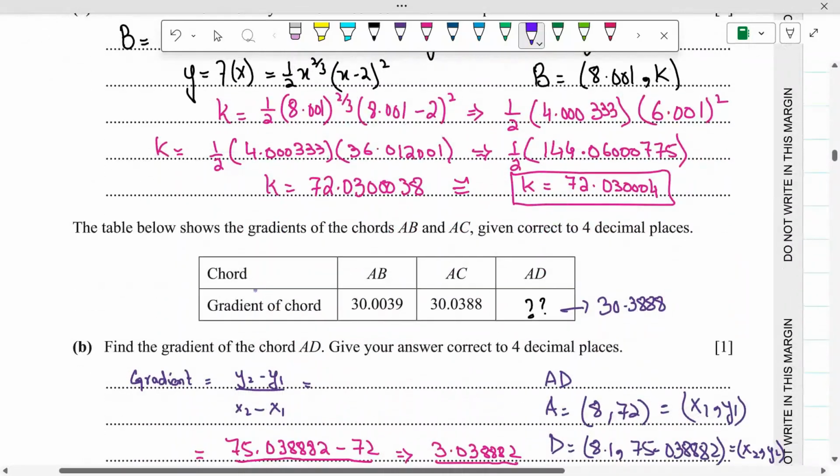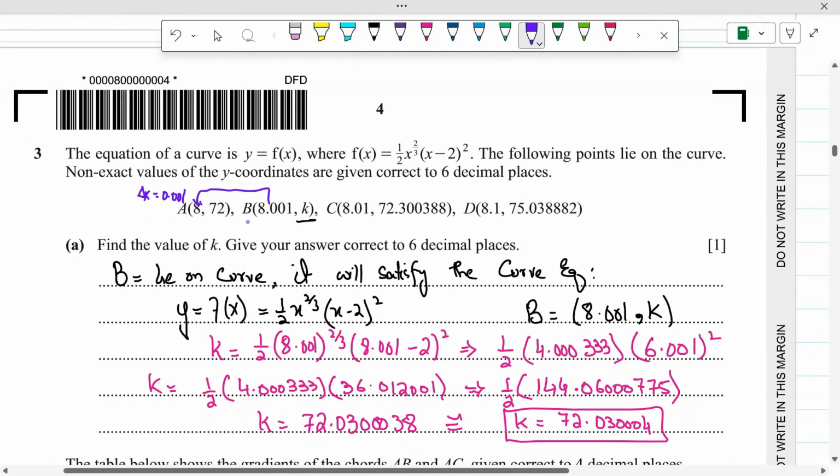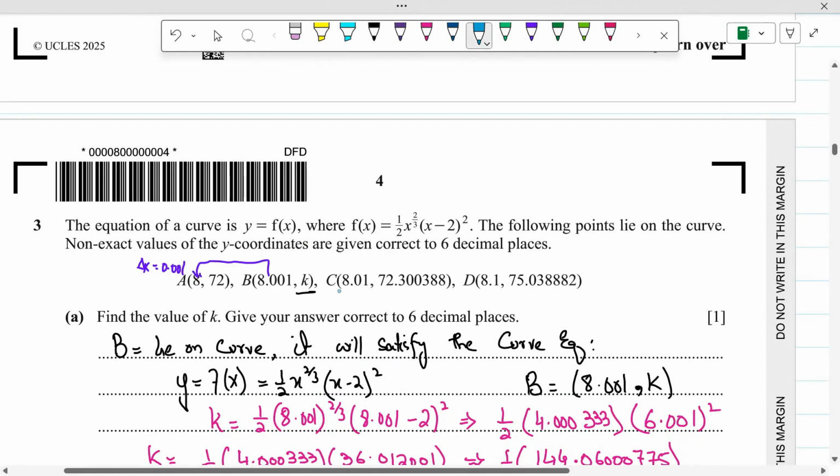Now, for the gradient of chord AB, delta x equals 8.001 minus 8, which is 0.001. When we take the gradient of chord AC, delta x is 8.01 minus 8, so it will be 0.01.